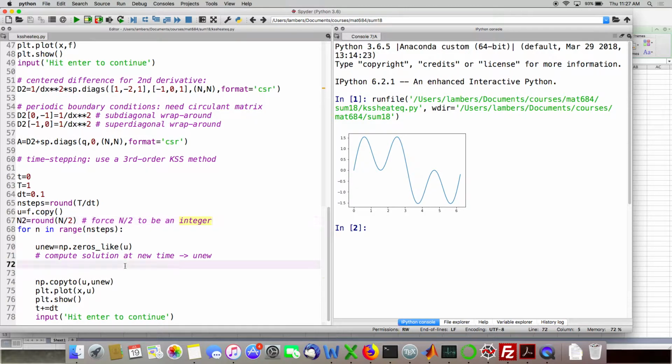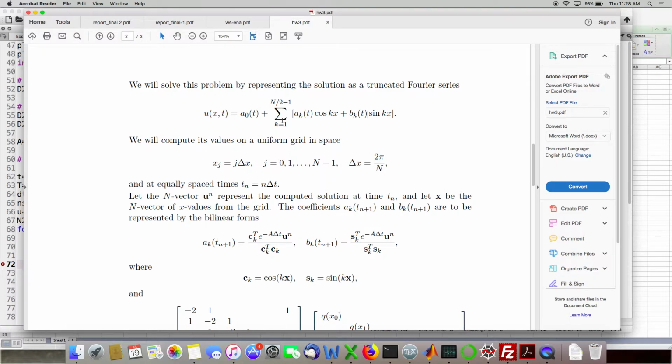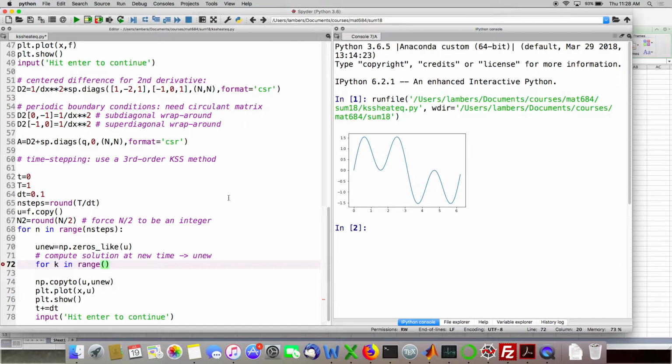So now in here, where I can start the time stepping part, I'll have a loop for k. I'll keep it consistent with what's in my notes. So, k in range n2. In other words, k equals 0, 1, 2, up to n over 2 minus 1. Those are all the values that I want.